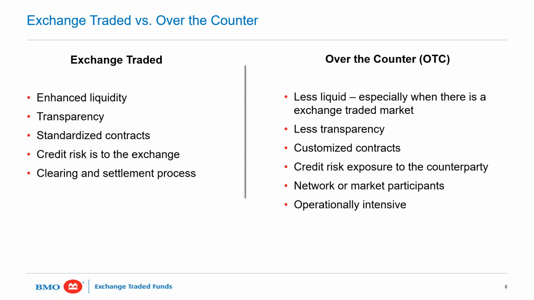Of course, some of the pros there are enhanced liquidity. When you're trading on an exchange, you're interacting with any number of financial market participants. There's transparency into the price. You can see the price on the exchange as you're about to trade it. You know what you're going to be paying, and the contracts are standardized as well.